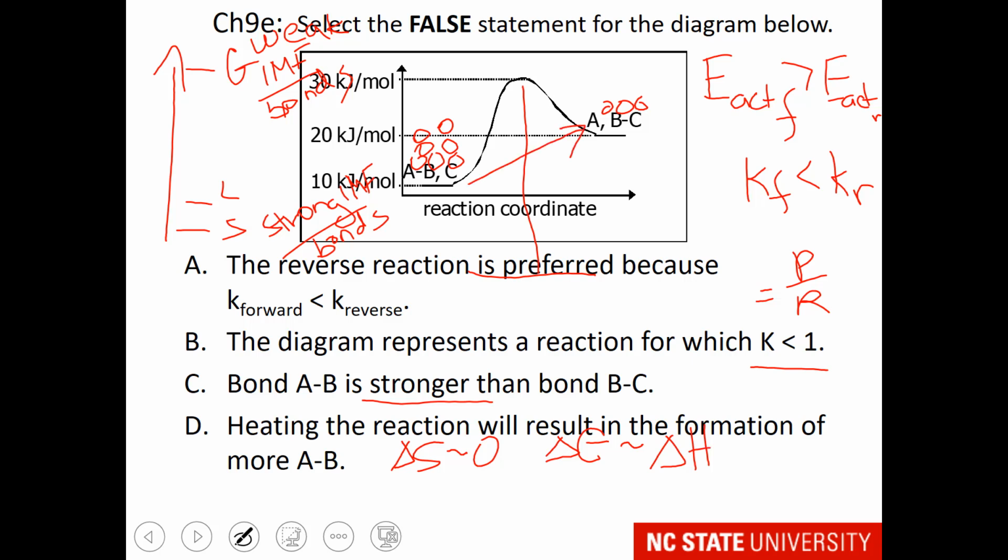So this is a diagram where we're going upward in delta G. So delta G is positive and delta H is probably also positive. So we can think about this diagram as endothermic, which means energy or heat is on the reactant side of the equilibrium. So if we add heat to this reaction, which way will it push it? I hope you say toward the product. That will help you answer situation D.